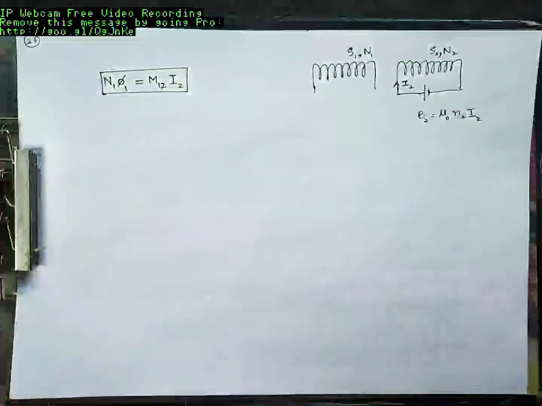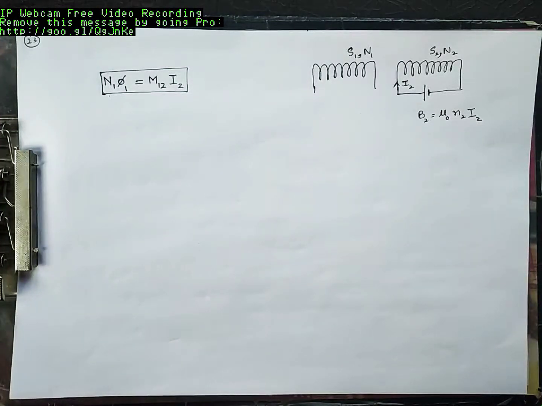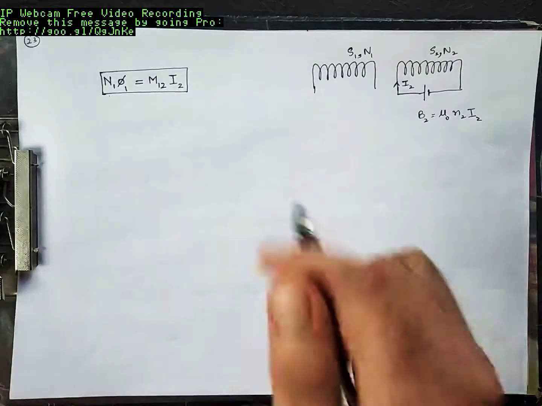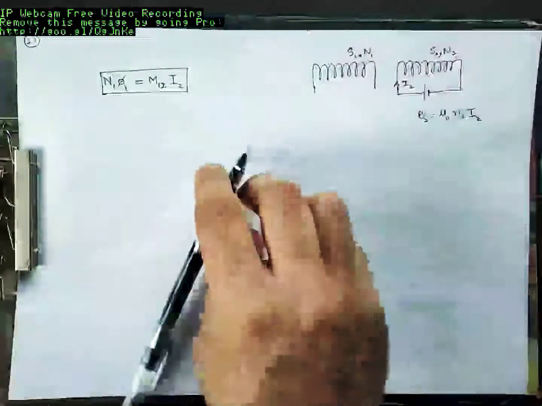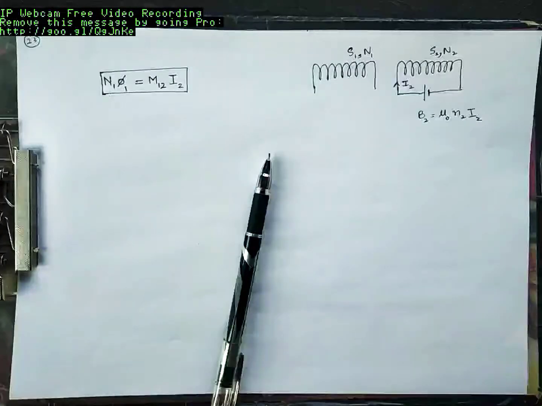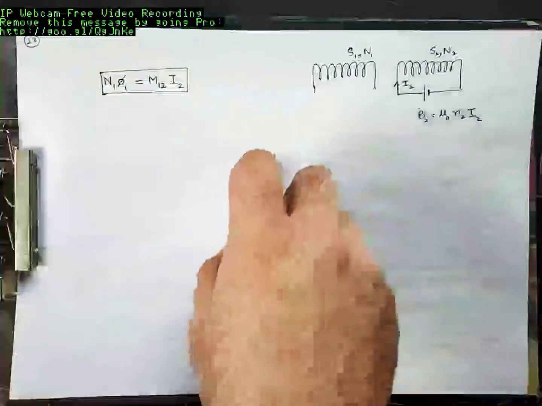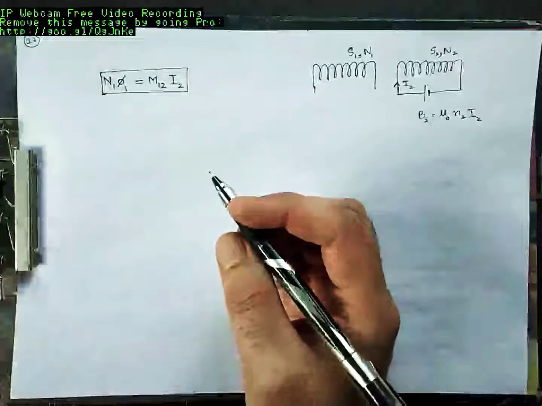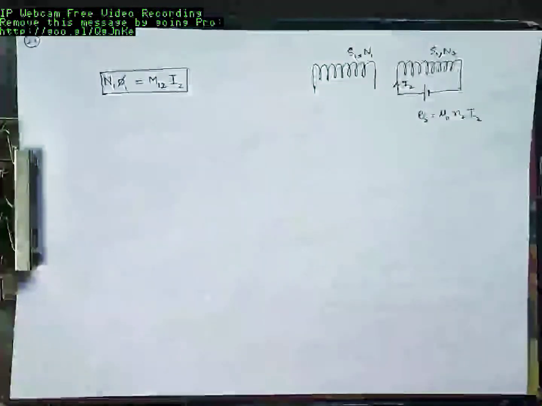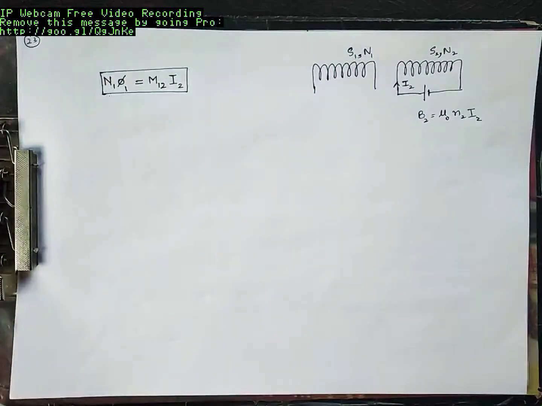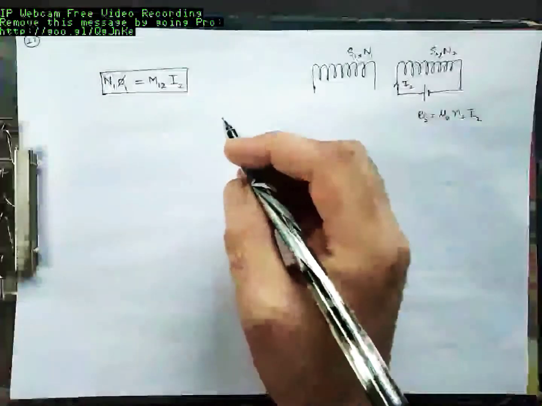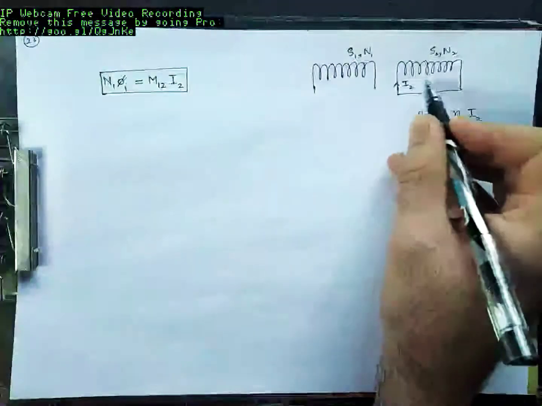Okay, let's move ahead. Thus what we mean to imply here is, when current flows through this coil, it produces a magnetic field.